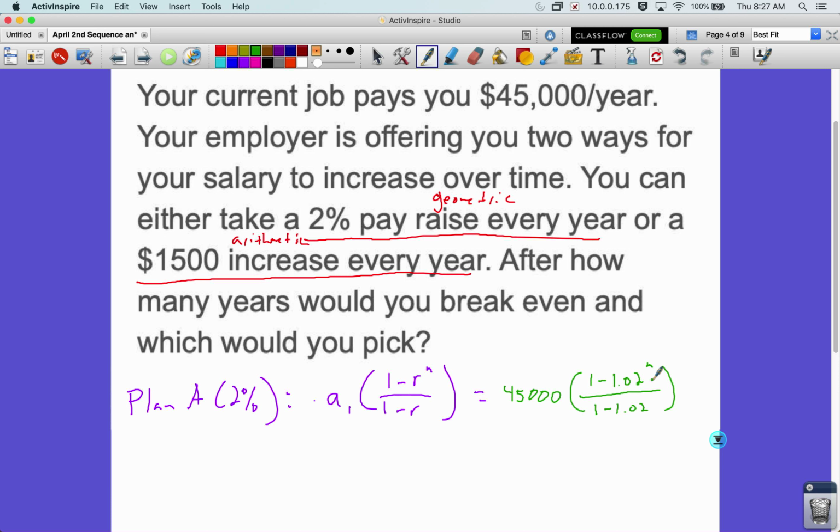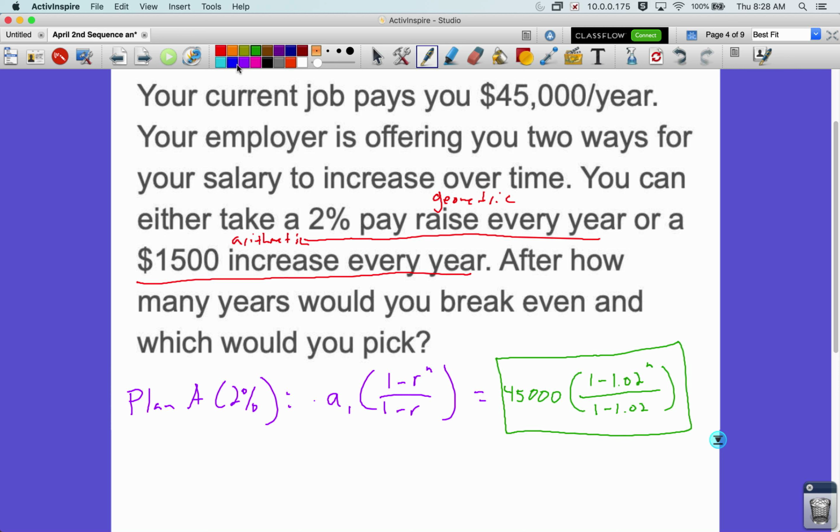If we didn't do that 1 in front, then our salary would actually shrink to be only 2% of its previous value every year. 1.02 gets us an additional 2%. So we get the 100% of our previous salary plus an additional 2%. Okay, so here we've got a good expression for plan A.